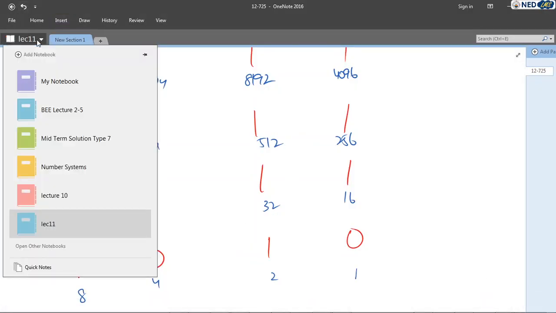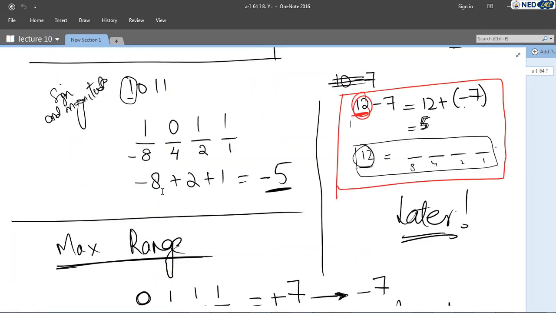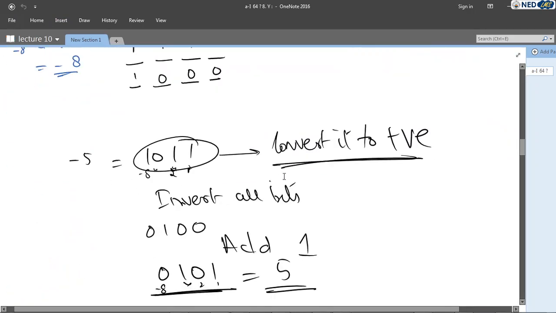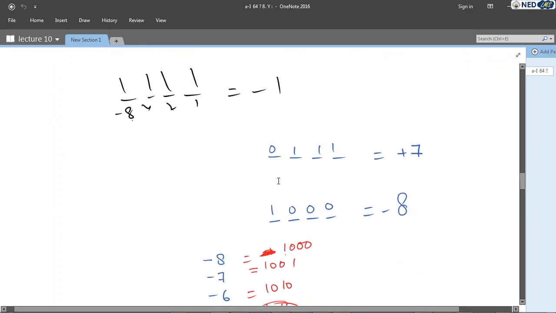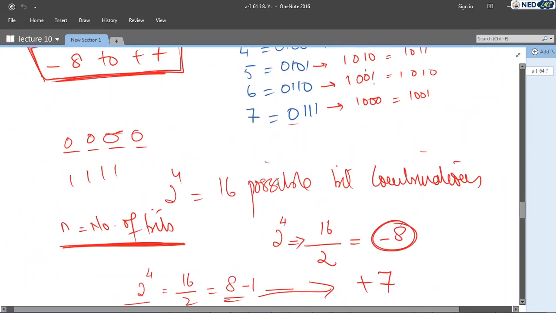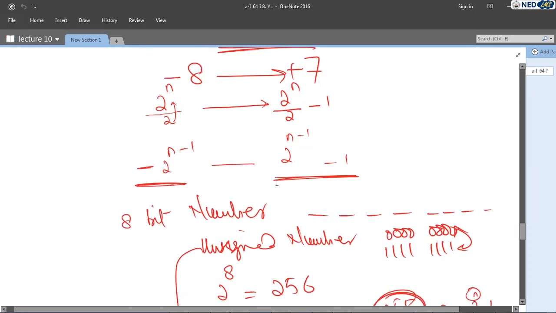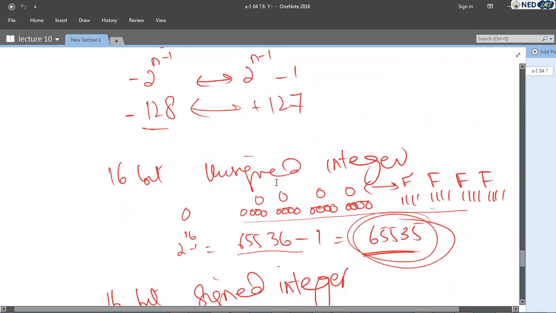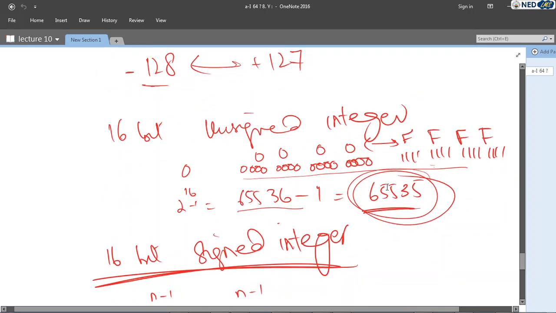So go to lecture 10, and if we had a 16-bit, let's see what we have, 4 bits, and this is 4 bits. If we have an 8-bit number, and we have 16-bit, it goes from all F's to 65535 in decimal format.